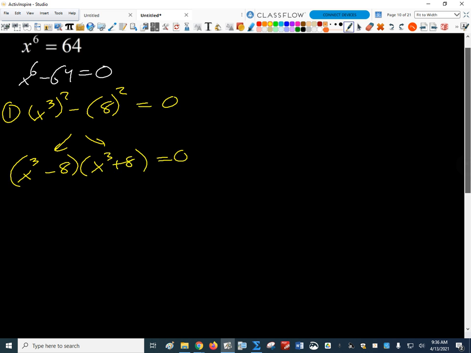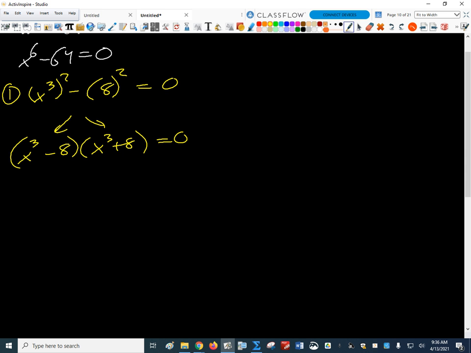And then we're going to split each of these using difference of cubes, right? So we recognize that 8 is just 2 cubed. And we got a minus b times a squared plus ab plus b squared, right?